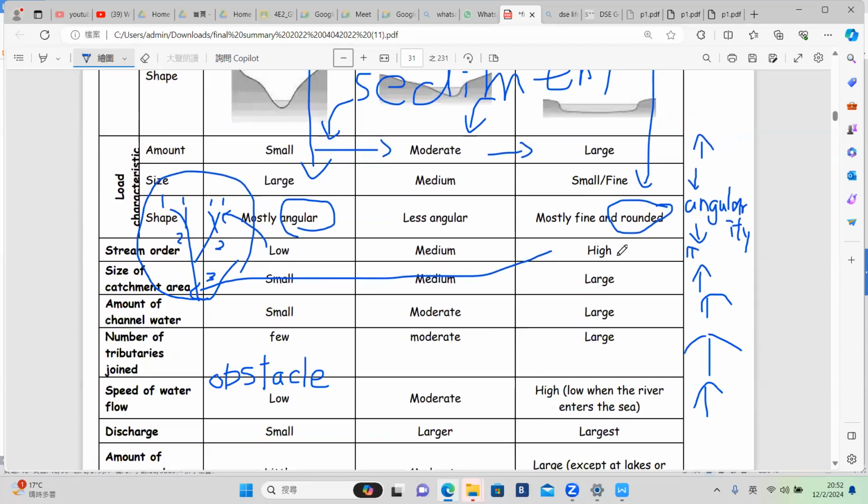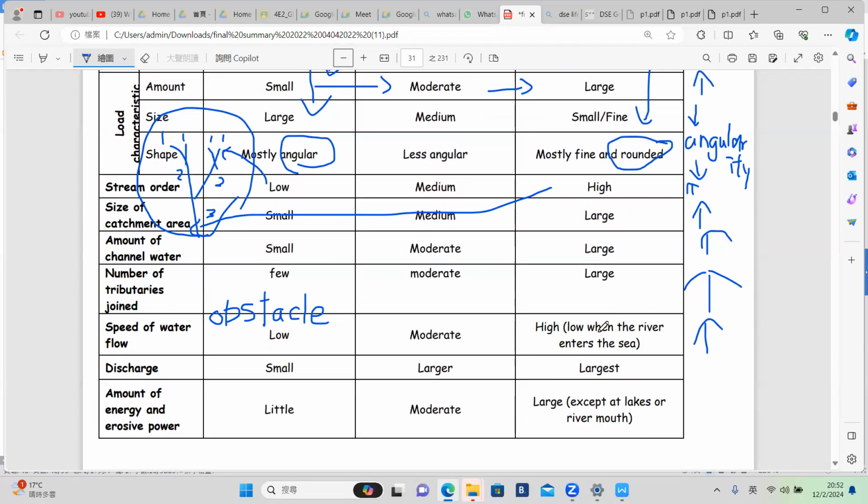But for the lower course, because there are fewer obstacles, most of the sediment occurring in the lower course is just sand. Then accordingly, the speed of water flow is high, okay.